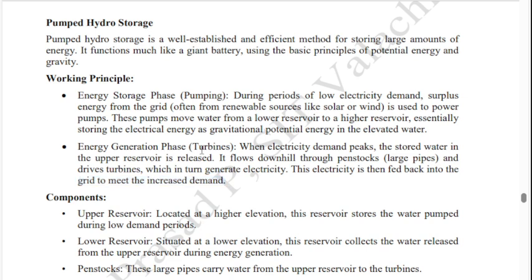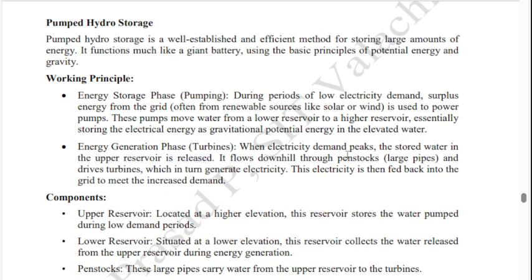That means when we need the energy back from the storage system by using turbines, when electricity demand is peak, when electricity is not produced but we are in demand of electricity, then the stored water in the upper reservoir is released.